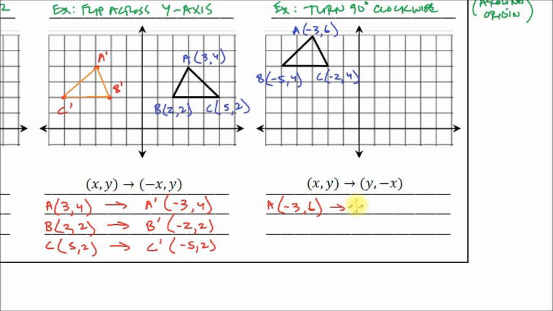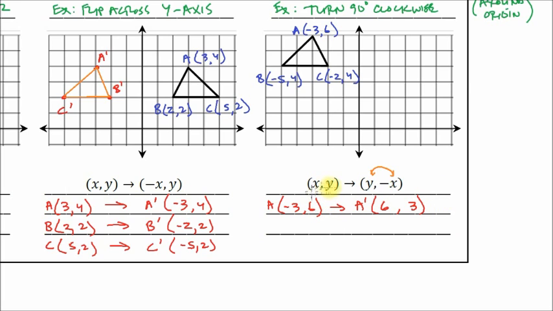Now watch what happens to get A prime. In this case, I want you to notice for this particular rotation, the x and the y values flip positions. So y is now in position 1. Well, y was 6, so now position 1 becomes 6, and x here was negative 3. That's moved to the back of our coordinate, and the sign has flipped, so it's 6, positive 3.